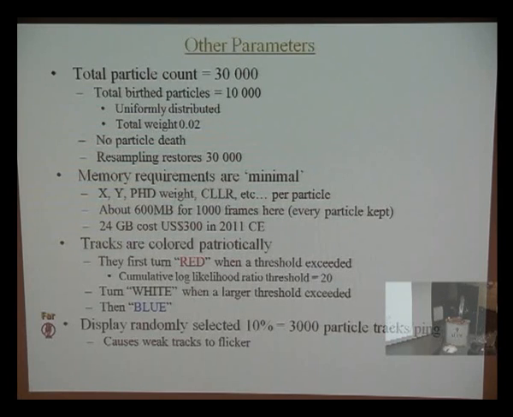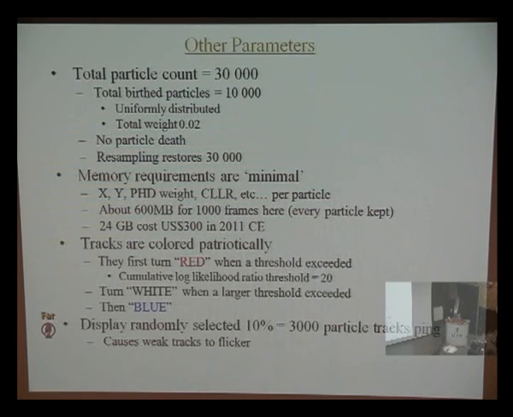The path turns red at the end when the CLLR is above 20, then it turns white, and then it turns blue when it's a little bit further back. Well, that's not exactly true. As the path moves forward, my threshold of 20 keeps getting bigger. And so basically, I'm only displaying these colors at the current time, so you get a sense of where things are going.